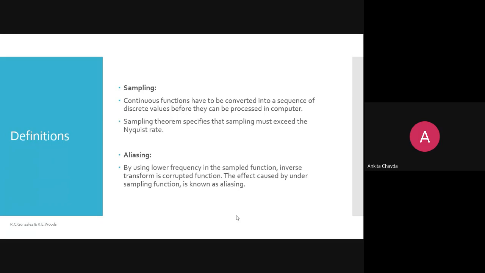But what is aliasing? By using a lower frequency in the sampled function, the inverse transform gives a corrupted function, because we were using a very low frequency. When we apply the inverse transform and come back, my function is now corrupted.